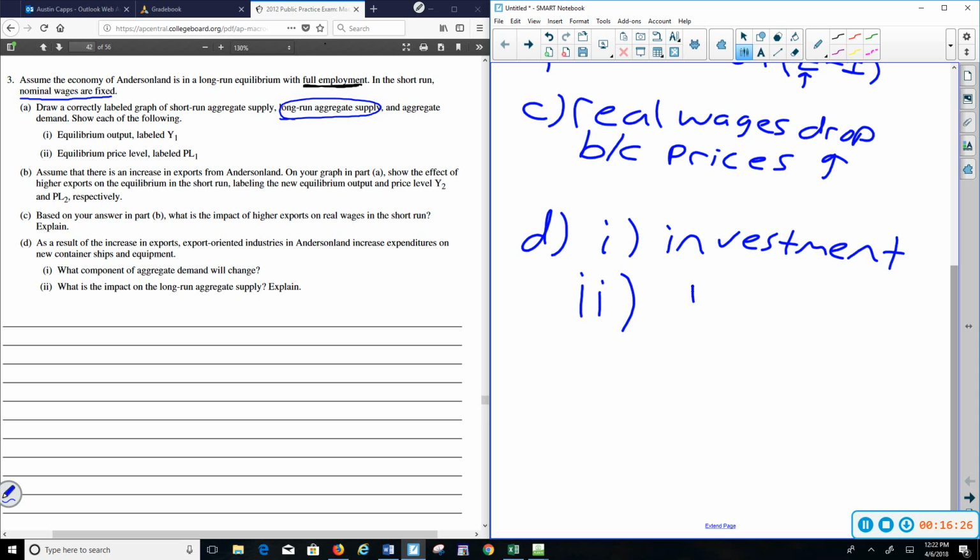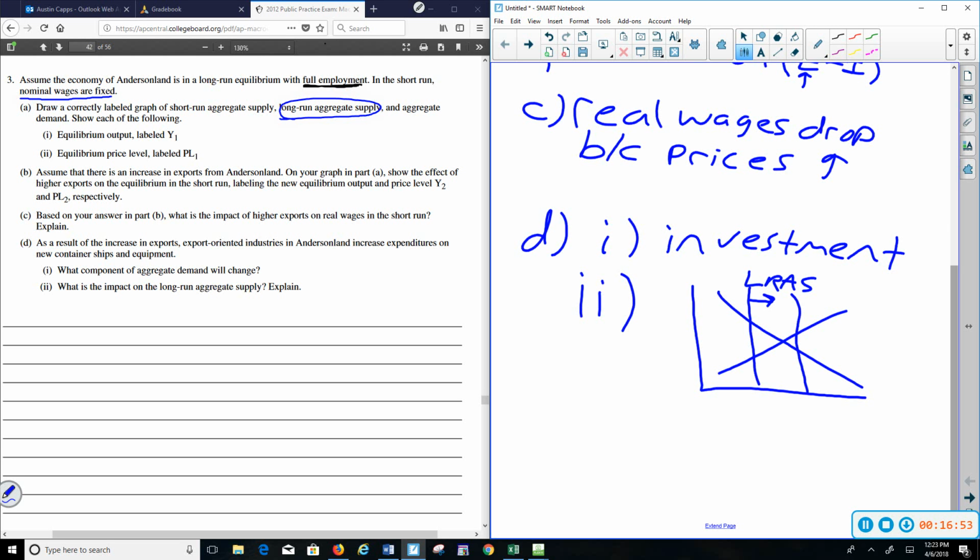Let me illustrate. It didn't ask us to do a graph, but let me just graph this real quick. Remember, this is our long-run aggregate supply curve slash potential GDP curve. So if we have more capital in the economy, businesses can produce more, the amount we can potentially produce increases, so our potential GDP slash long-run aggregate supply curve shifts to the right. It's going to move outward.